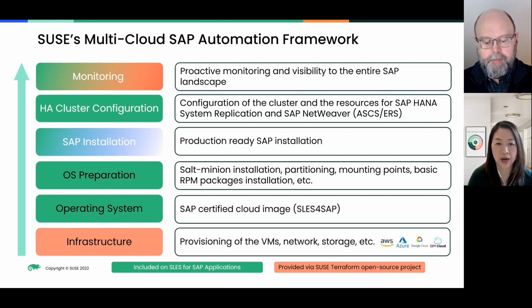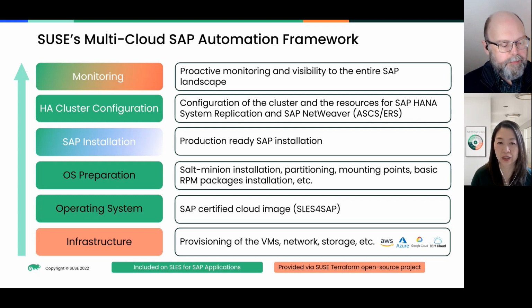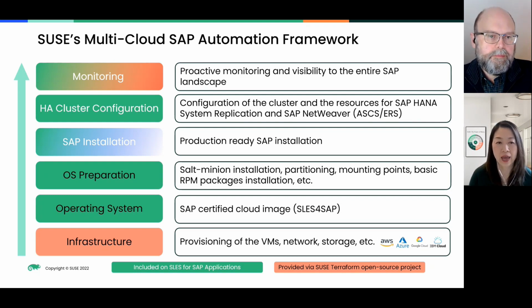Then we carry out the OS preparation by following the SAP notes to make sure the right configuration is carried out in the base operating system image, including, for example, additional packages, kernel parameters, and even mount points required by the applications.